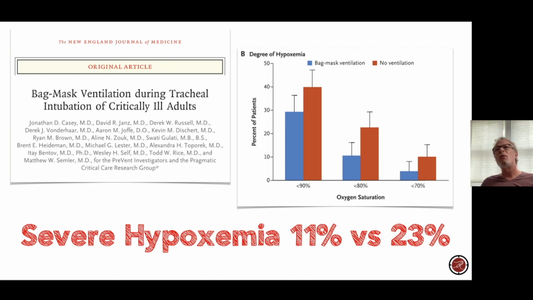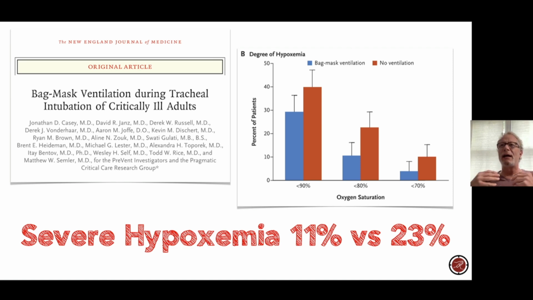And what we know is, if we do this during this period of time, why didn't we want to ventilate them during that induction period? We didn't want to do it because we were going to cause aspiration. That's been the concern over history, and cricoid pressure and all of the debate there.